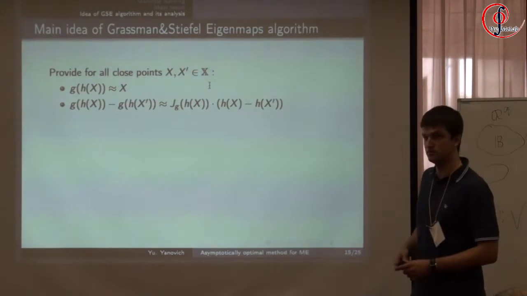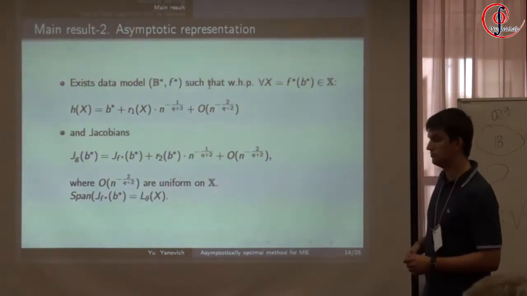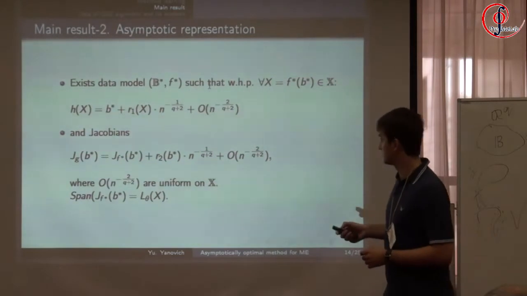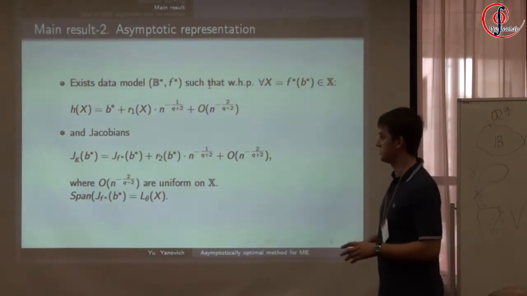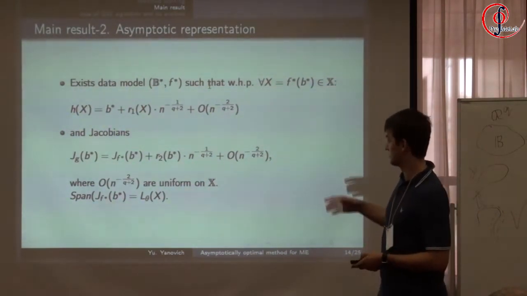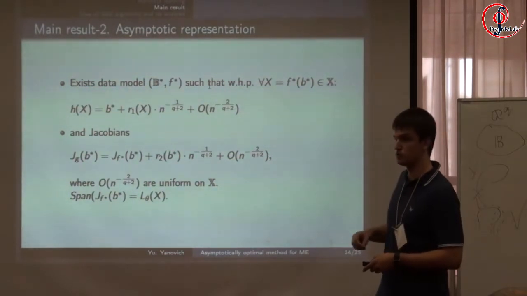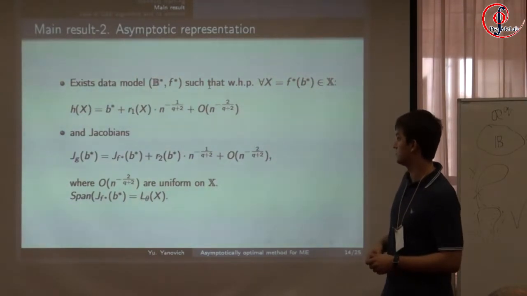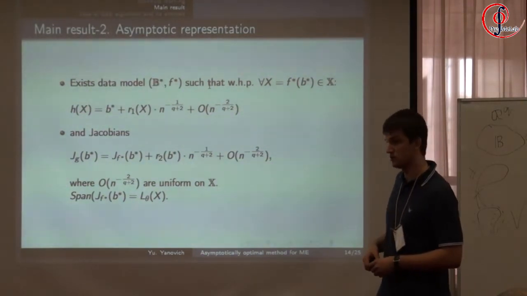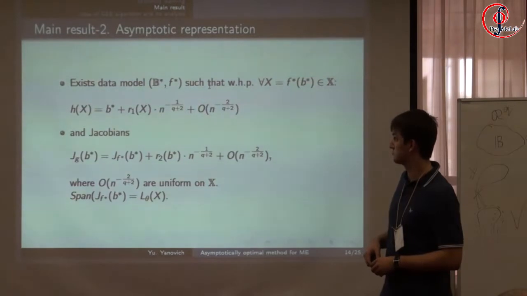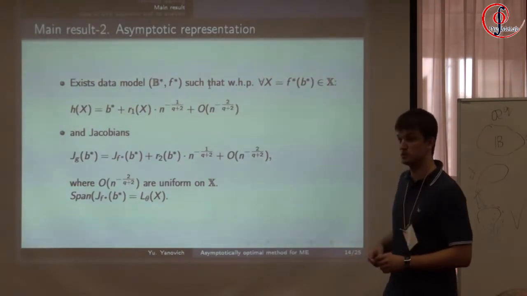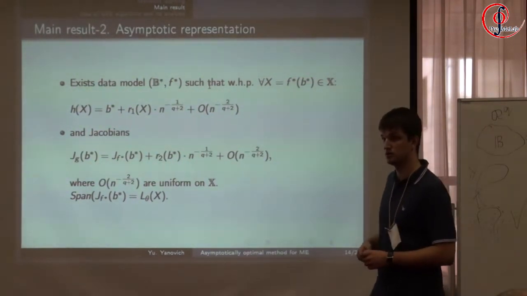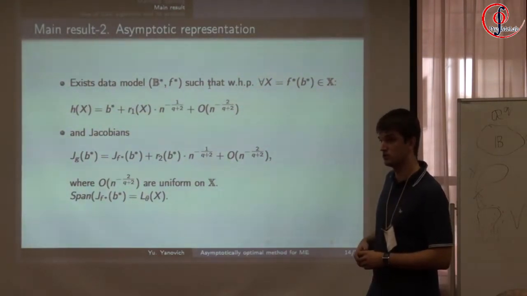Sorry, but this R1 and R sub 2, how do they behave, what are they? These are explicit, known functions which I can write, and they are uniform on the manifold X. Could you give a more precise error in this estimate, because it depends on X now?